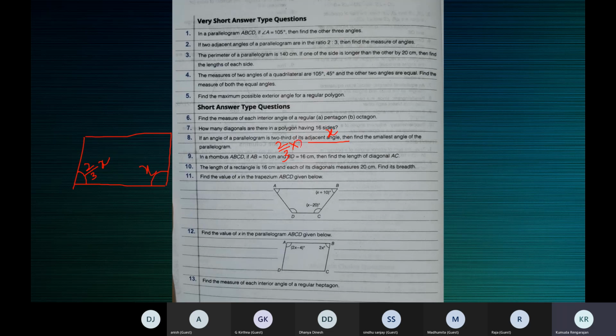Let that adjacent angle be x. Then that one angle is equal to 2/3 of x.